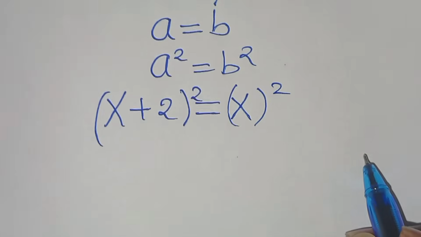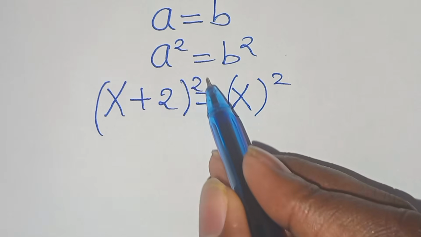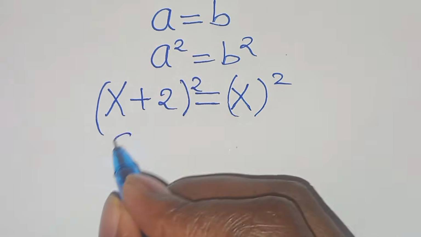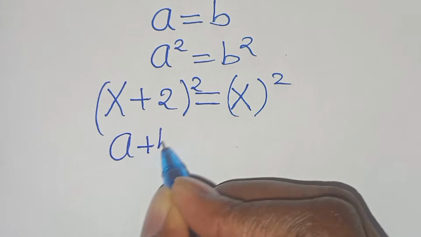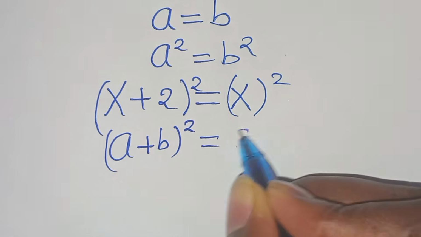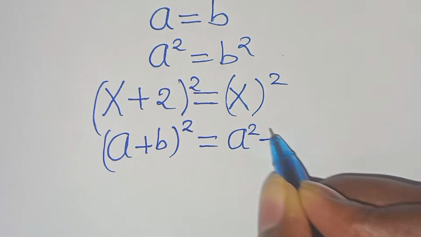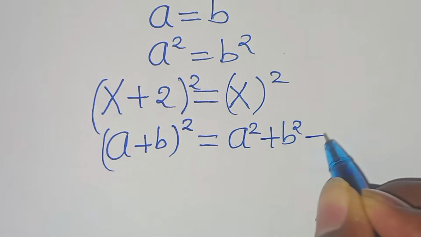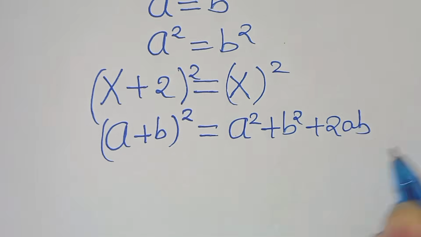So that now x plus 2 raised to the power of 2 is in the form of A plus B raised to the power of 2, which we can express as A squared plus B squared, then plus 2AB.